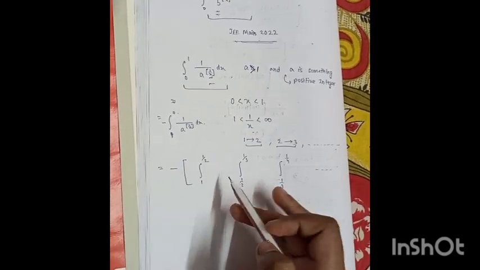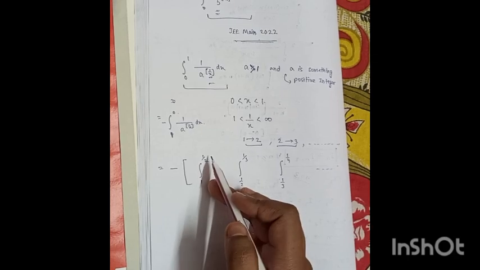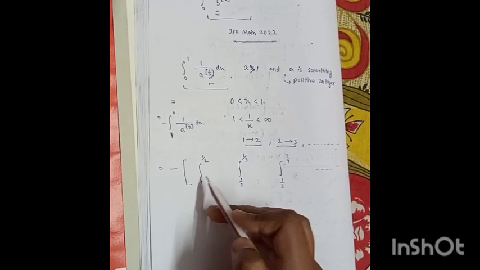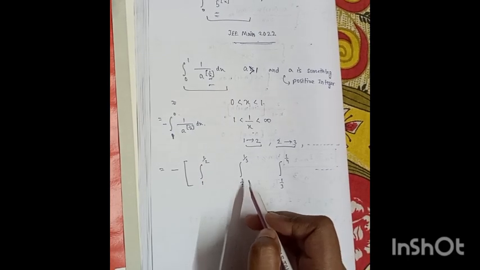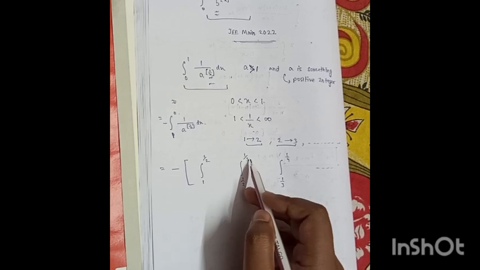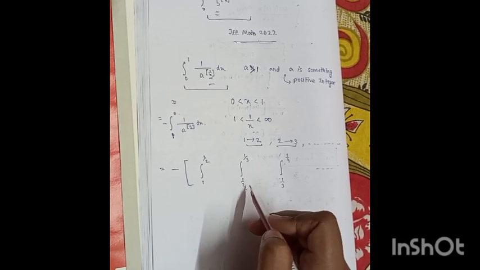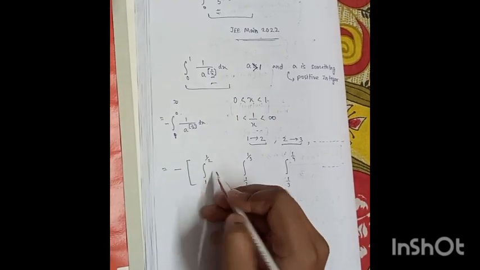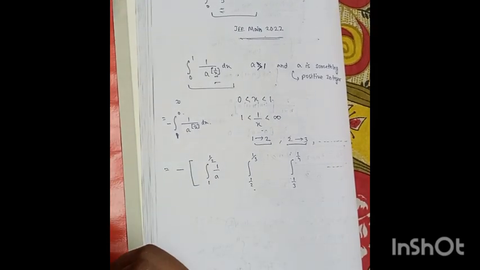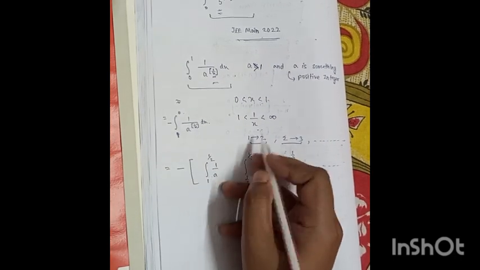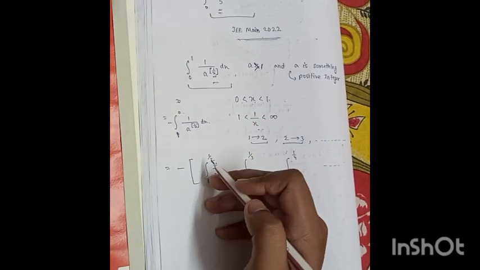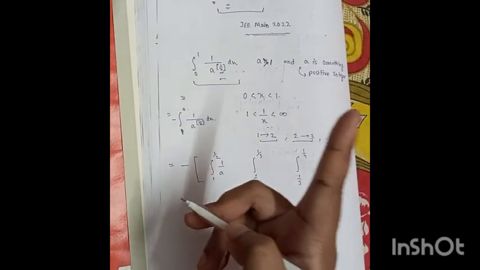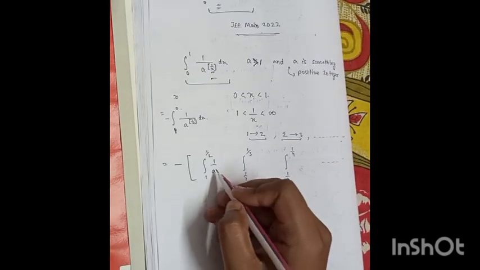Because we know as x varies from 1 to half, 1 by x varies from 1 to 2. Similarly, as x varies from half to 1 by 3, 1 by x varies from 2 to 3. So the functions will be different. So this will be 1 over a to the power, as 1 by x varies from 1 to 2, the greatest integer of 1 by x will be simply 1.